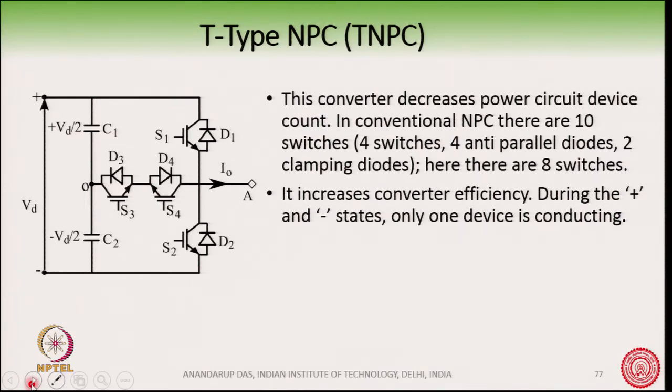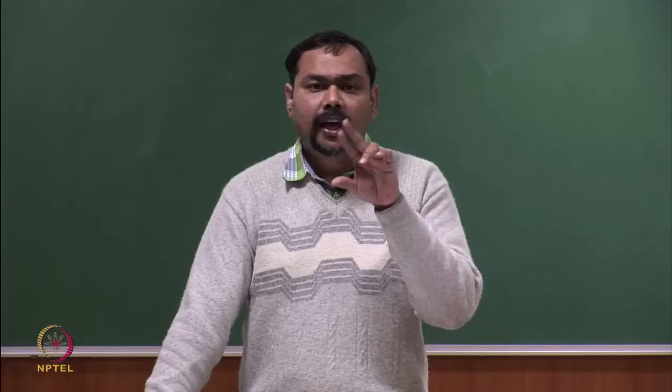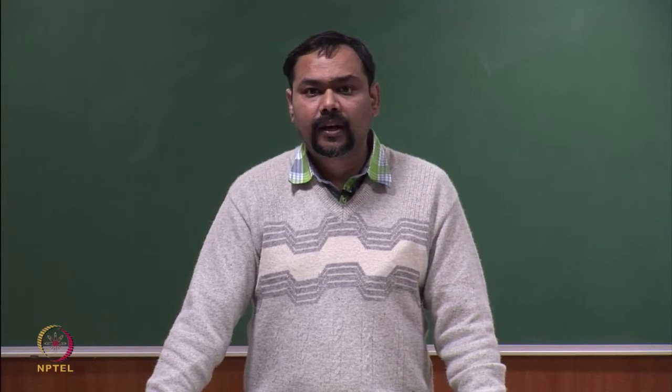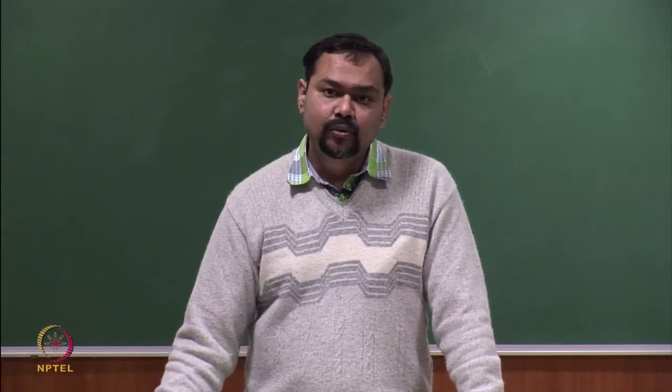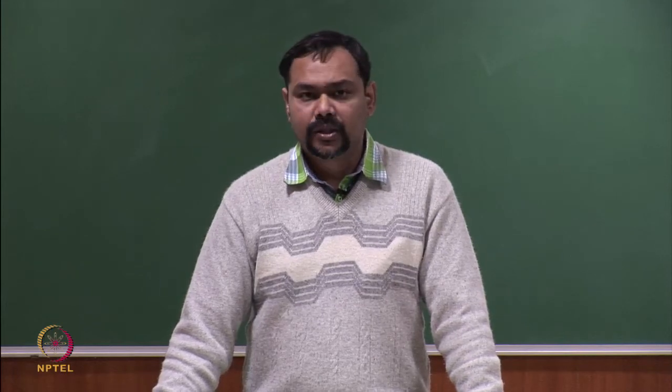So, comparing this T type NPC, or TNPC, with a conventional 3 level NPC, we have fewer switches here. Why? Because in conventional NPC there are 10 switches: 4 transistors, 4 antiparallel diodes and 2 clamping diodes. But in this TNPC topology, there are 8 switches.